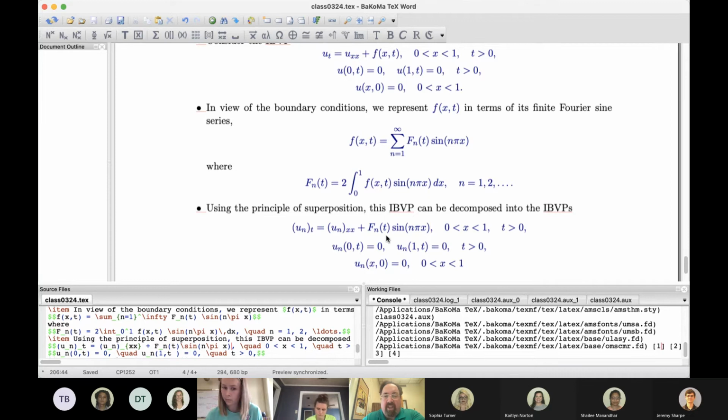But the idea is now I can solve each one of these, similar to the example that I showed you before, where you had a source term that was just plain old sine n pi x. Hopefully this one would be simpler than solving this all together.